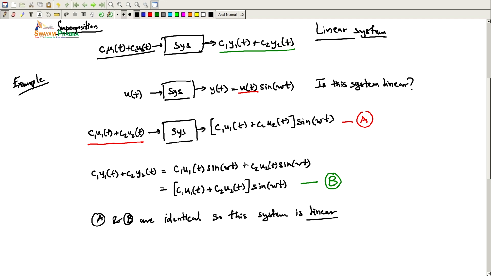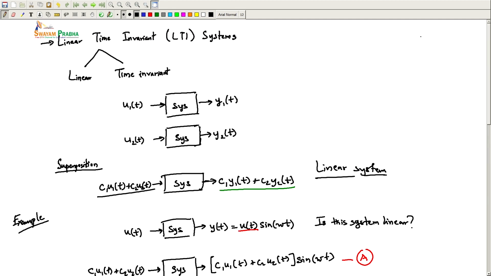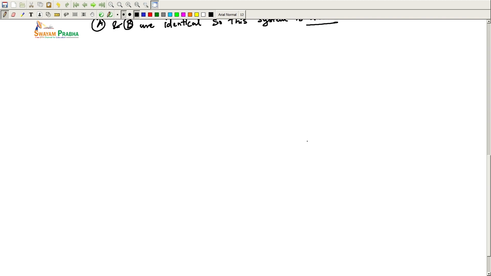So, now we have looked at the linear part of the system. Now, let us focus on the time invariant part. Let us come back to our system, which has an input u(t) and our output is y(t).